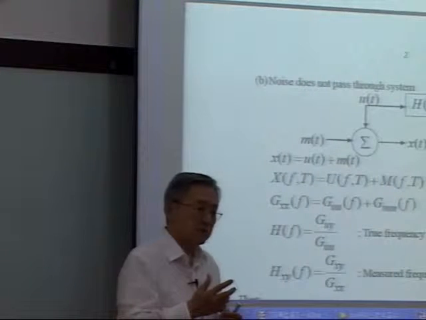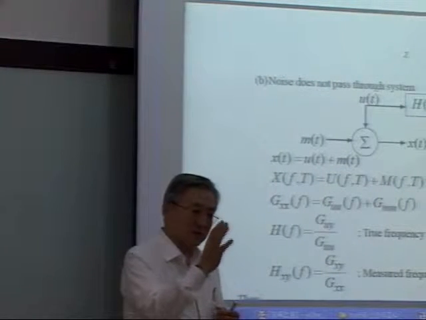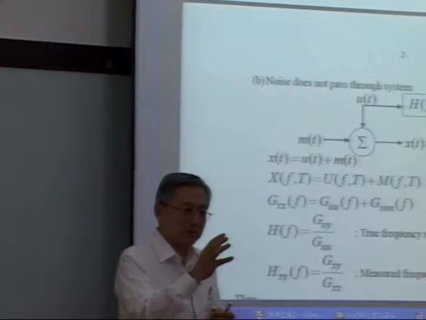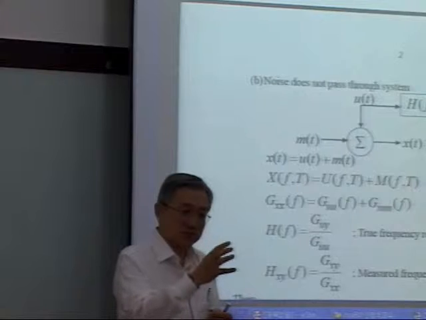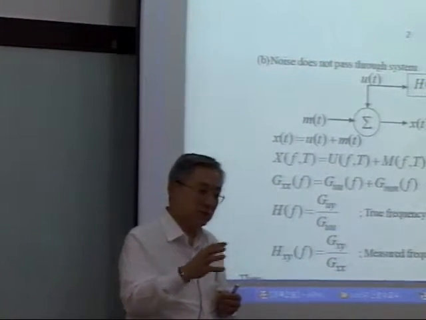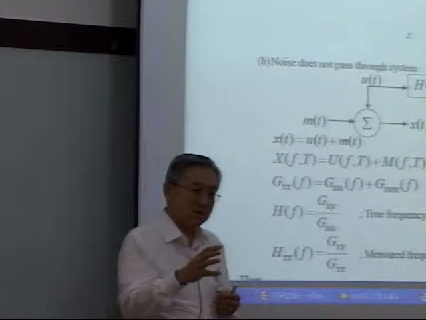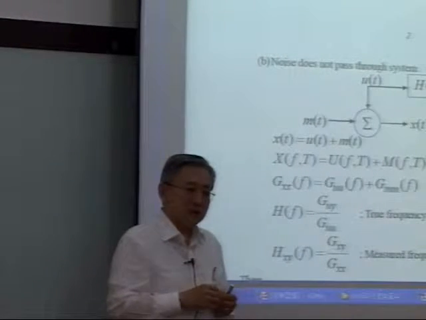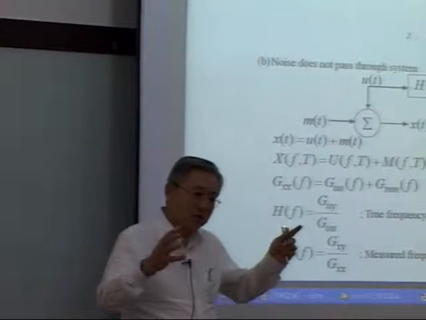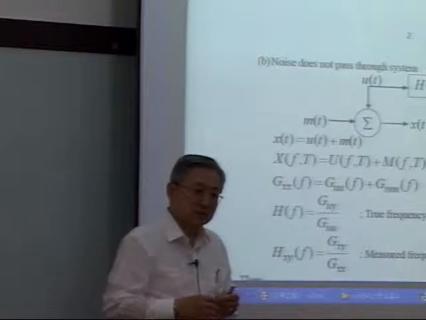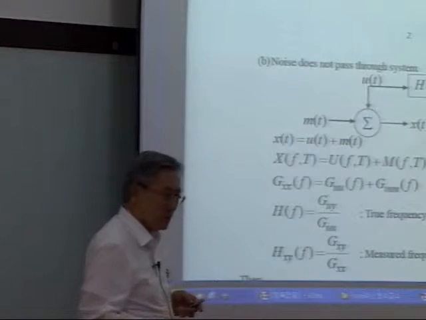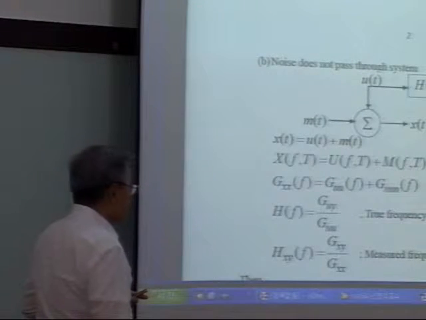I'm pretty sure you have done the measurement of frequency response function, GXX, GYY, GXY, magnitude, phase, and all that. But I hope you really spend at least 2 to 3 hours to see that. That could give you some better understanding.